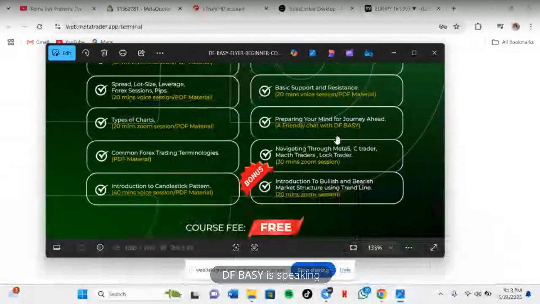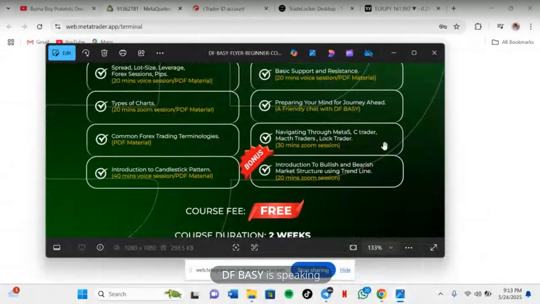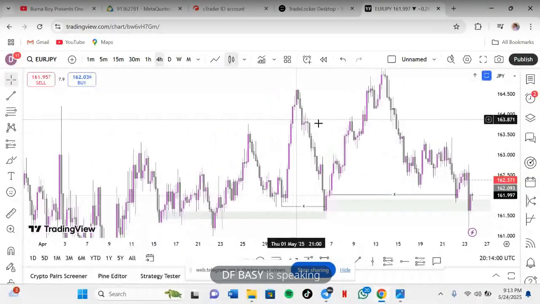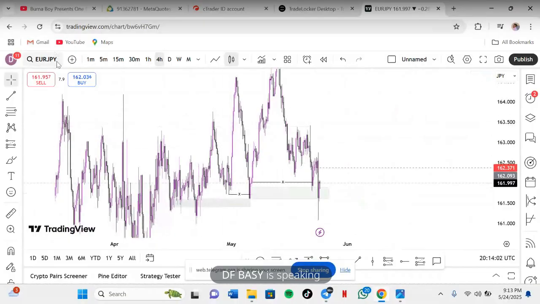So we are going to go through navigating Meta 5, cTrader, MatchTrader, and TradeLocker, and the introduction to bullish and bearish market structure using trend lines, right? So let me start with the introduction to bullish and bearish market structure.